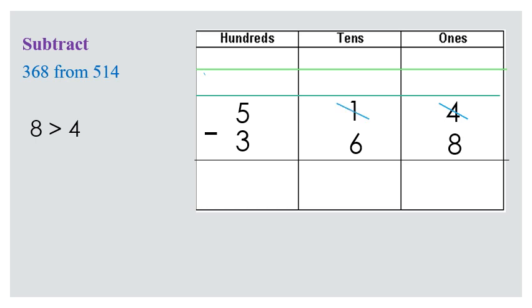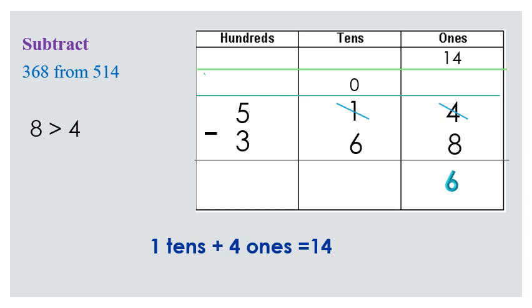After giving 1 ten, the 1 ten will become 0. And after getting 1 ten, the 4 ones will become 14 because 1 ten plus 4 ones is equal to 14. Now we have to subtract the ones column. 14 minus 8 is equal to 6.